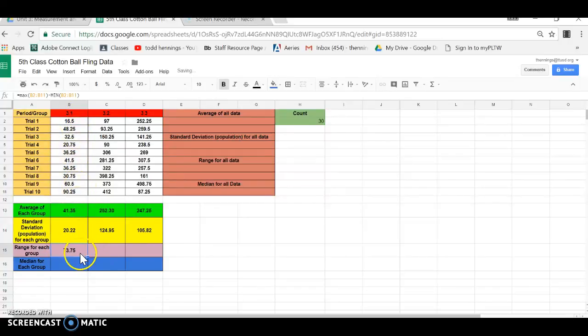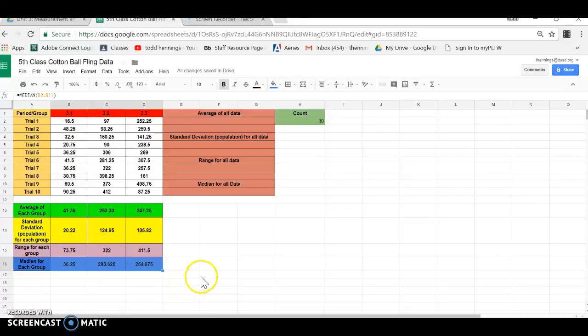And you get that. I'll pull it across. There you go. And then the median for each group, equals, I'm going to start typing median. There it is. Highlight that data. It finds the median, or computes it for us in the case of even numbers. And there's the median for each one.